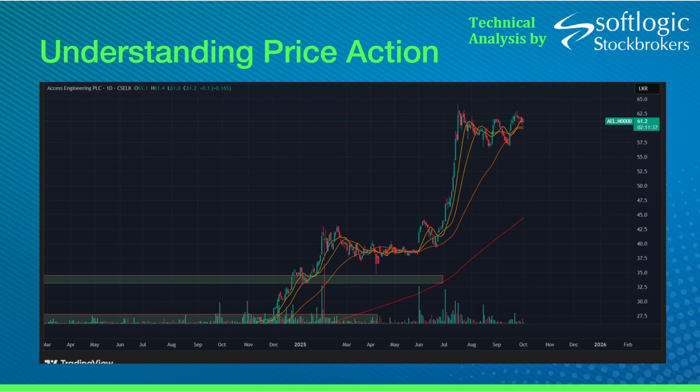And also you need to think of both sides of the coin. While you're expecting a certain area to act as support or resistance, you also need to think, looking at the trading book, how much volume or quantity was traded at this resistance level which I deem as a resistance, because resistance levels are subjective, where I might see a resistance level at this level, but you might not for some odd reason.